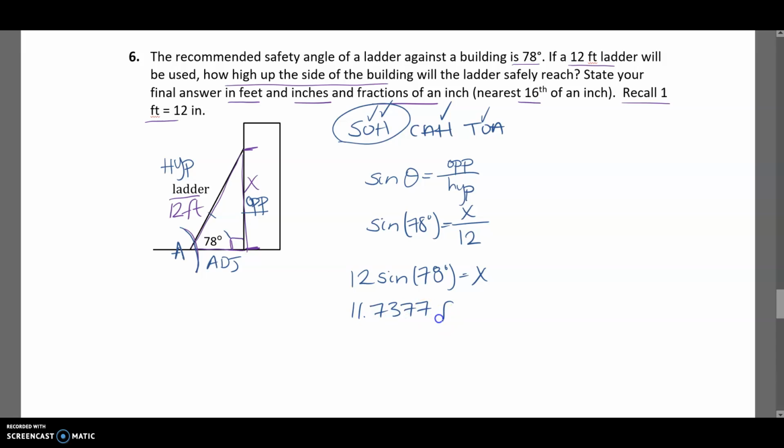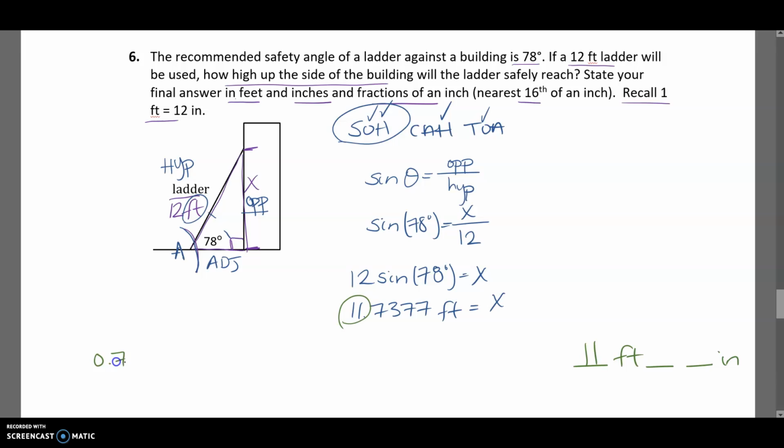This would be feet, since our hypotenuse was in feet. To finally answer this question, I want to convert that to whole feet, whole inches, and fractions of an inch. So I can see here that I have 11 whole feet. I'm going to record my answer over here. I want whole feet, whole inches, and fractions of an inch. I know I have 11 whole feet.